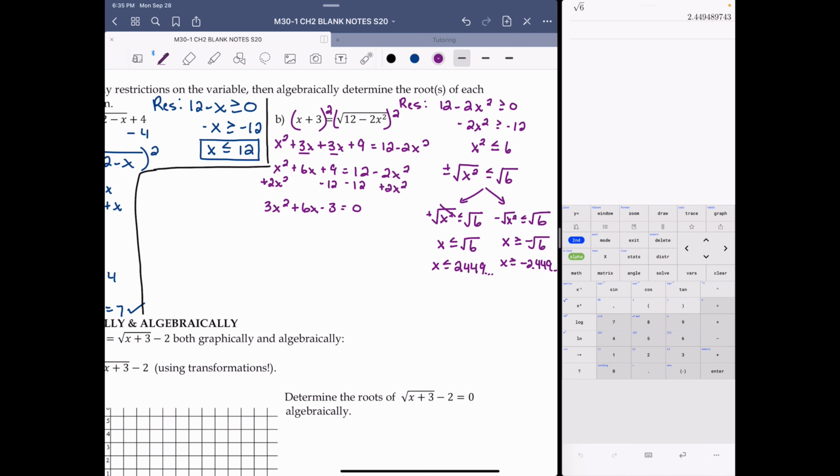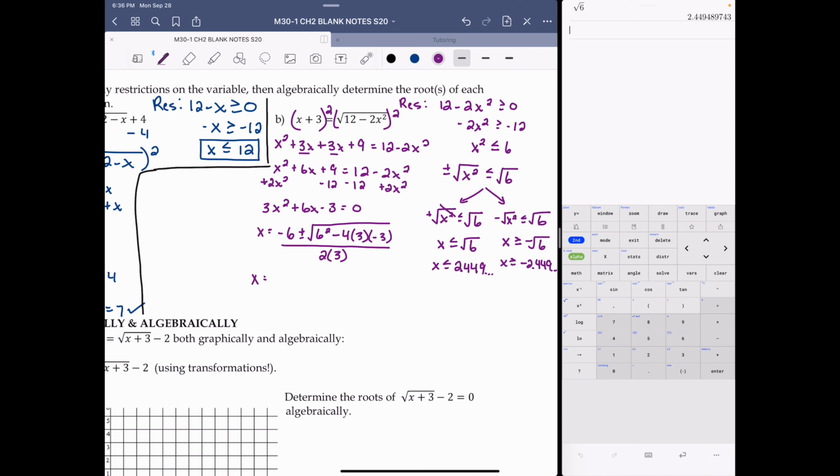I'm going to use the quadratic formula here because I am able to see that this is not going to be factorable. x equals negative b, negative 6, plus or minus the square root of b squared, 6 squared, minus 4 times a, which is 3, times c, which is negative 3, all divided by 2 times a, which is 3.